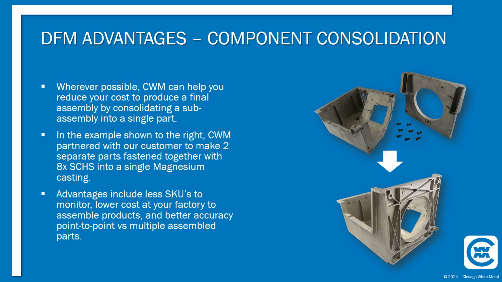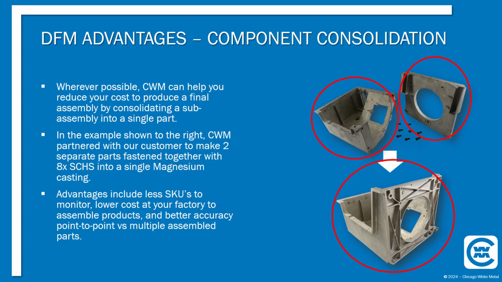As I've also mentioned a few times before, one of the opportunities for some really good cost reduction is taking multiple parts and converting to a single die casting. So if you see this image here, that started out as a couple of different die cast parts with a bunch of different fasteners and assembly operations, and through some pretty lengthy discussions with the customer and what could be done, what couldn't be done, we ended up coming up with a single die casting that took the place of everything above.